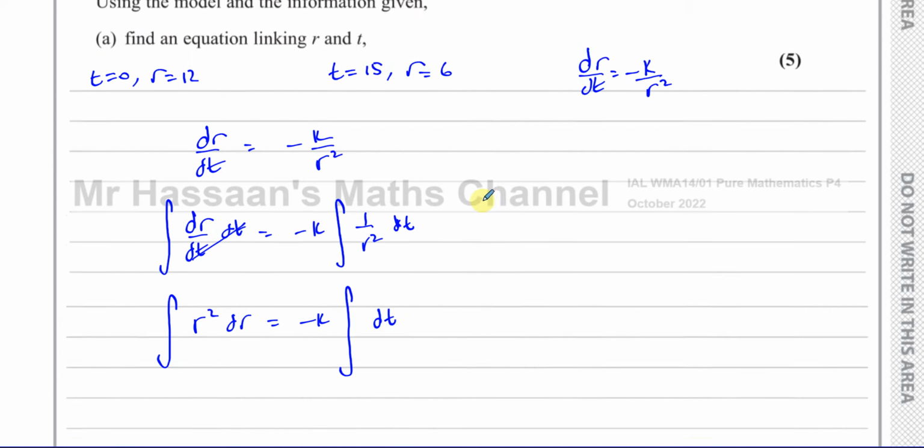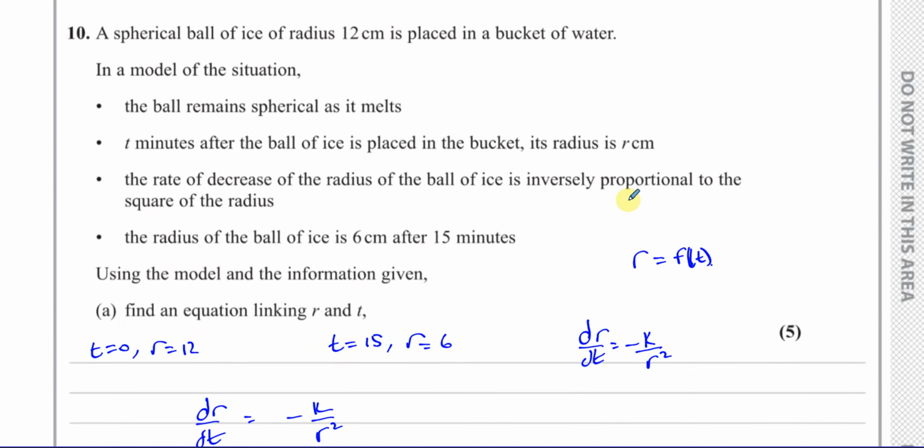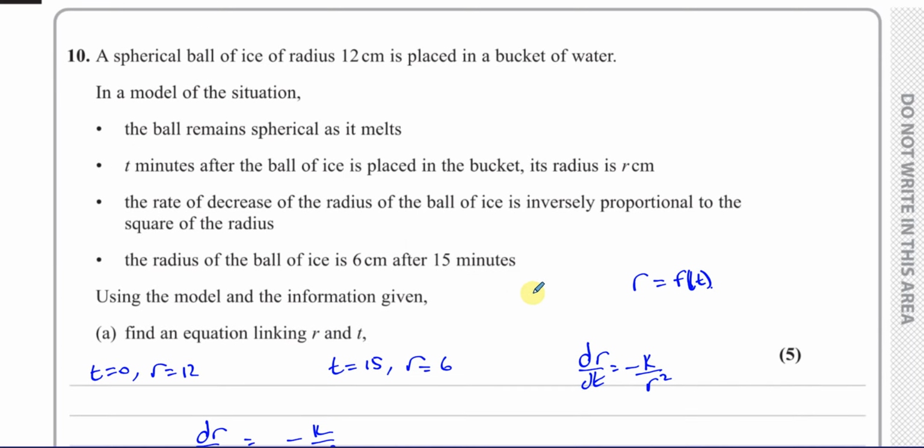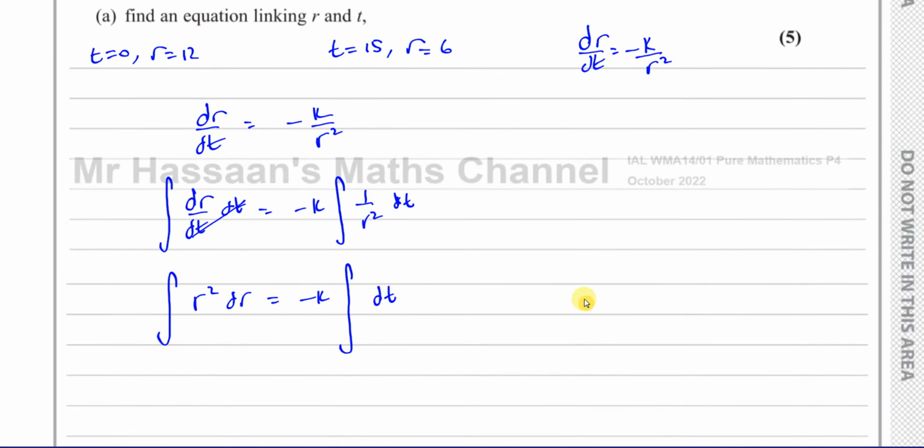Now we can use some of the information we have been given. For example, I want to find what k is. I know when r is 12, t is 0, and when r is 6, t is 15. If I use those limits, that will help me find what k is.